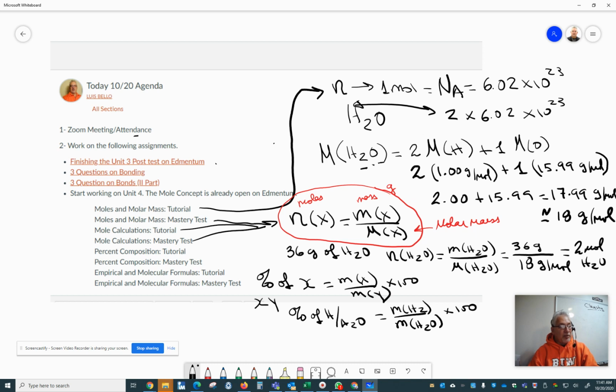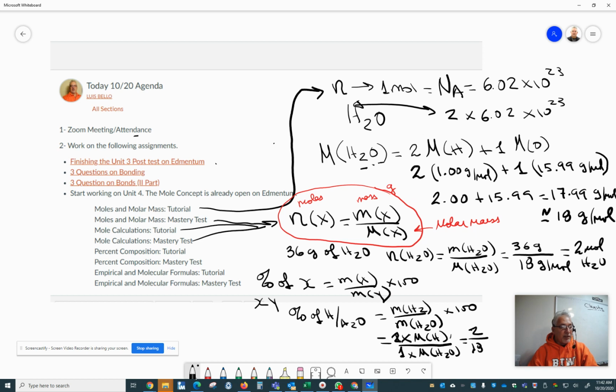And then you will do the following. Mass of hydrogen will be 2 times, because I had 2 hydrogen, the atomic mass of hydrogen, and the mass of water will be 1 time the molar mass of water. So that will be 2 times the atomic mass of hydrogen, which is 2, over 18.